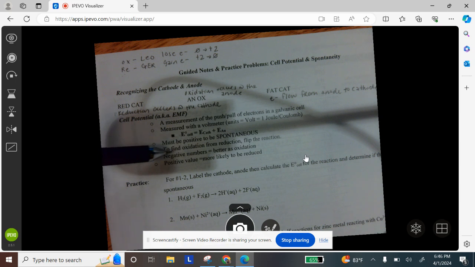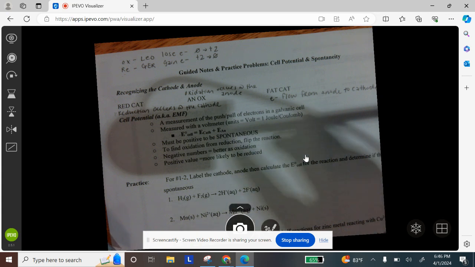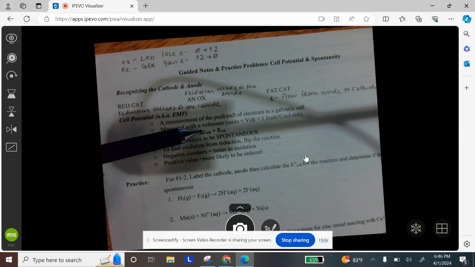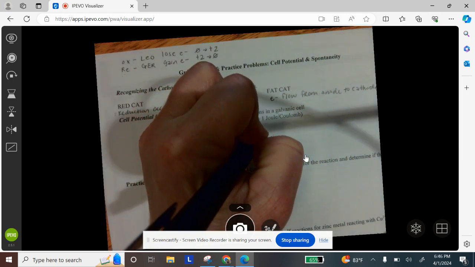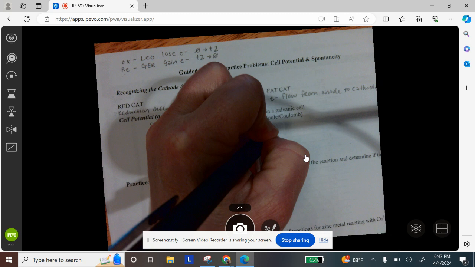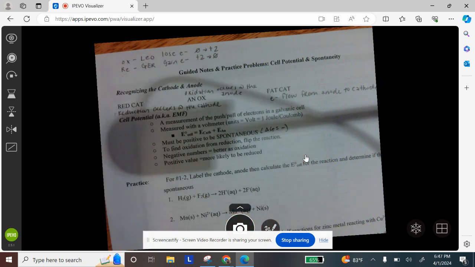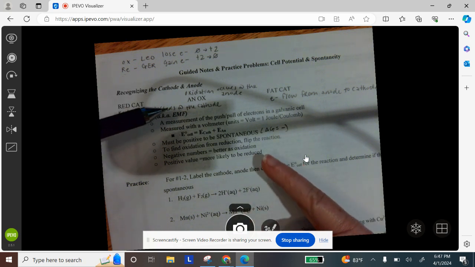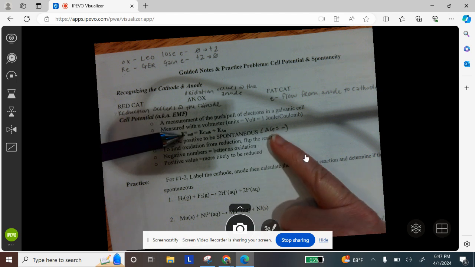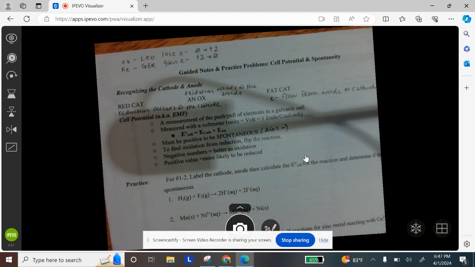Now, we haven't talked about spontaneity yet because we went in a different direction because we had to do electrochem before thermochem because we have our field trip. But spontaneity, I'm just going to put, it means that delta G has to be negative. And delta G is Gibbs free energy, which I promise we'll do notes on soon. But if this is negative, this has to be positive for this to be negative.